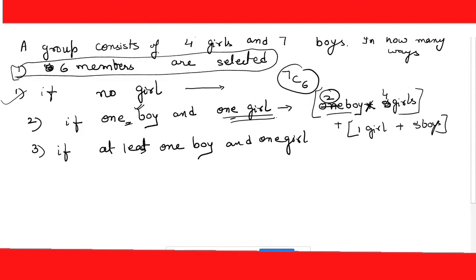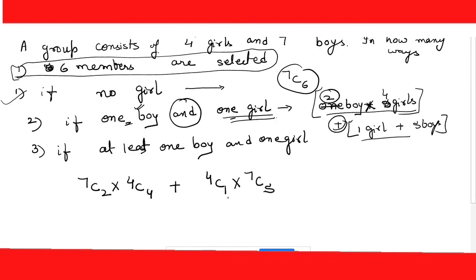Find this, then add, because it is 'and'. That is 2 boys, that is 7C2 into 4C4, plus 4C1 into 7C5. Find this and add. So in this way you can solve these questions.